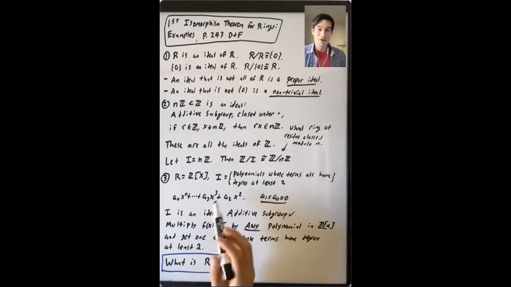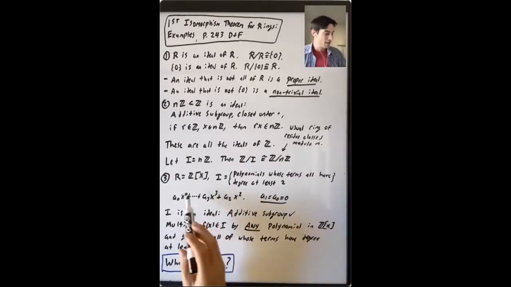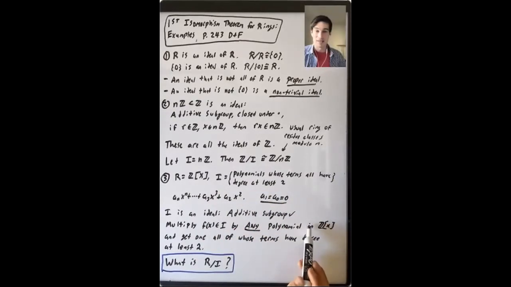Why? Because how do you multiply polynomials? You just multiply all the terms together, and then you combine the terms that have the same degree. So what happens when you multiply terms is you add the corresponding exponents. So if all of these have degree at least 2, and all of the ones in here have degree at least 0, you're going to get a bunch of stuff that has degree at least 2.